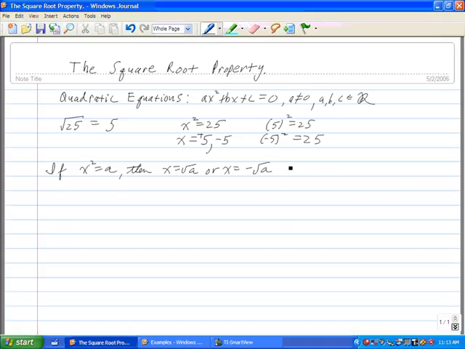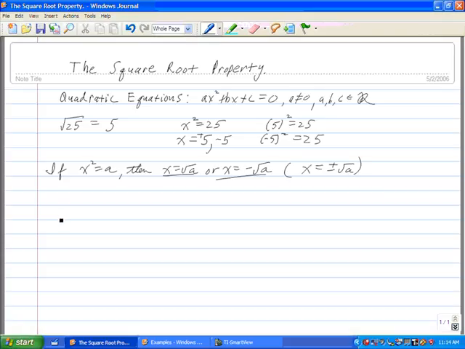Now we can often abbreviate this as x equals plus and minus square root of a, but that is just to emphasize the fact that we're going to have two roots coming out every time we use this property.